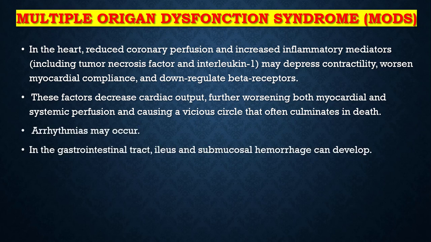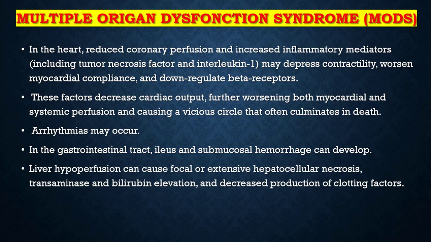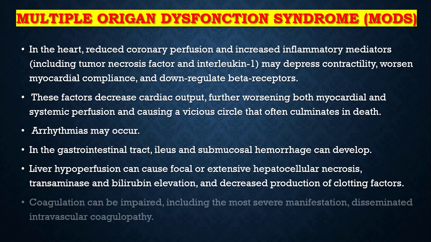Arrhythmia may occur. In the gastrointestinal tract, ileus and submucosal hemorrhage can develop. Liver hypoperfusion can cause focal or extensive hepatocellular necrosis, transaminase and bilirubin elevation, and decreased production of clotting factors. Coagulation can be impaired, including the most severe manifestation, disseminated intravascular coagulation.